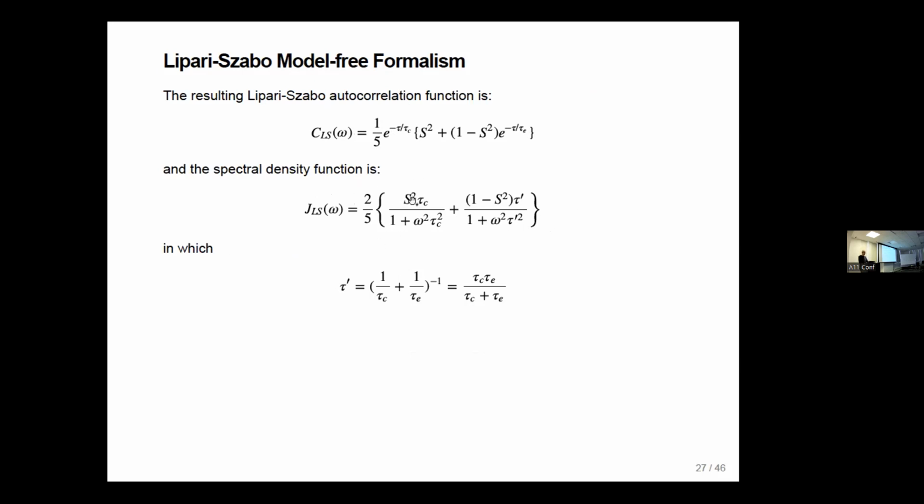We have the square of the order parameter, we have the overall tumbling time, and we have tau prime, which is the geometric mean of the overall tumbling and the effective internal correlation time. So it's a very simple 3-parameter model that turns out to be very useful for analyzing NMR relaxation data.